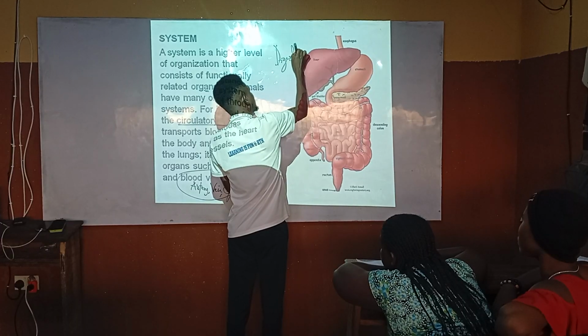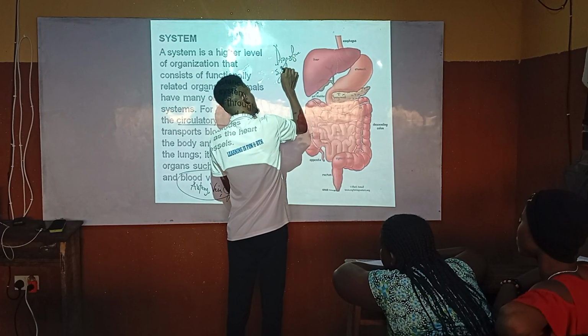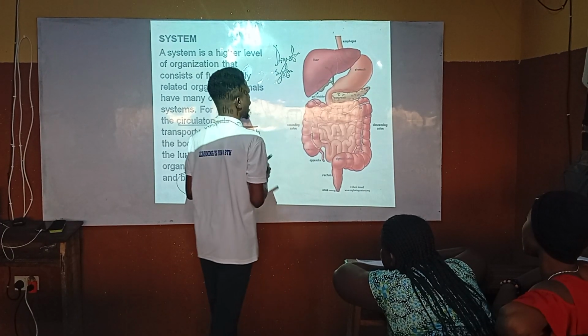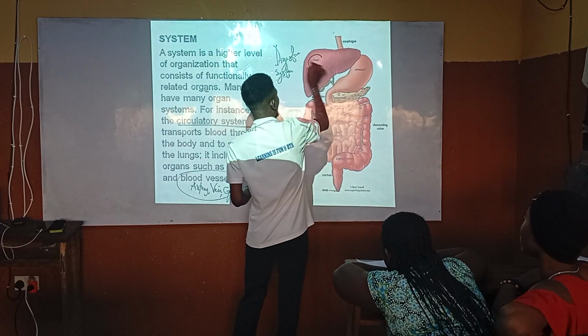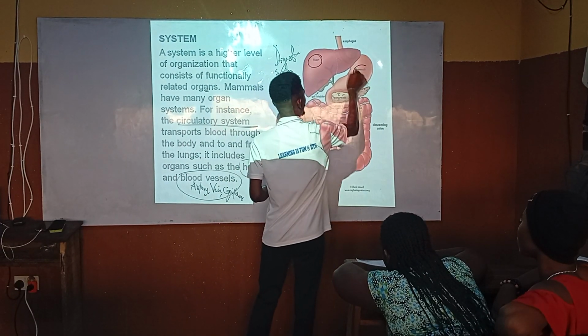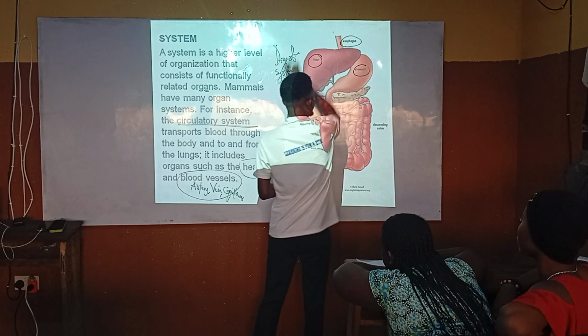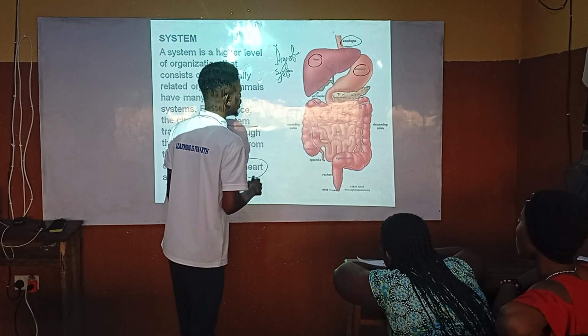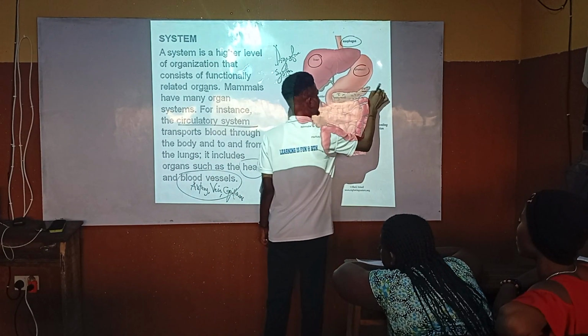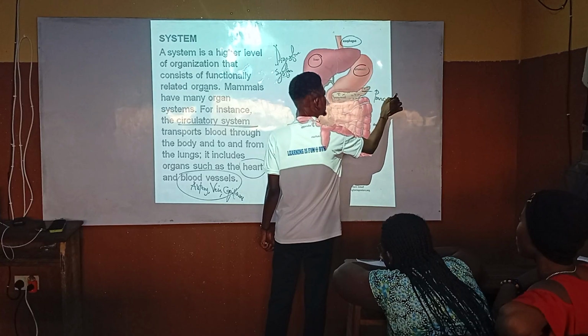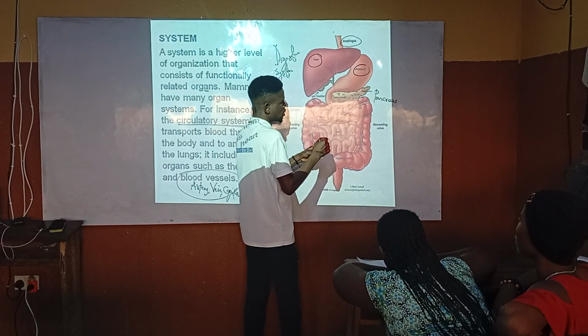From my illustration here, what I've used is the digestive system. You can see the organs there. Liver is an organ. Stomach, another organ. Esophagus, that's the gullet, another organ. The pancreas. Take note.